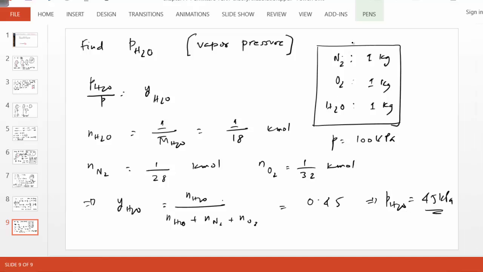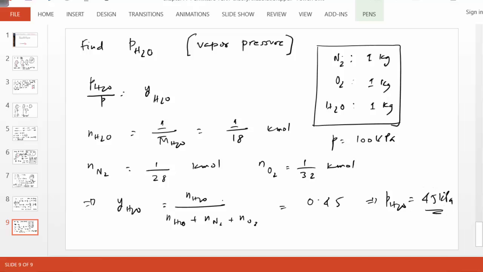We can forget about nitrogen and oxygen because they all exist independently. So we have a certain volume, a tank of water. Inside, the pressure is 45 kPa, and we know that it's in gaseous phase. It's vapor, superheated vapor. So the temperature should be at least above the boiling temperature at 45 kPa.